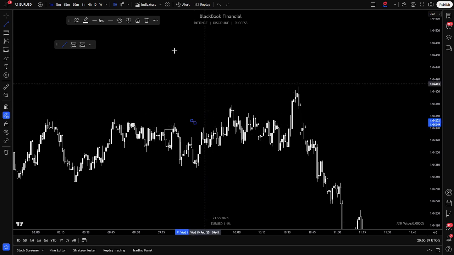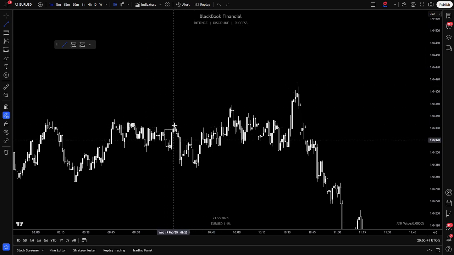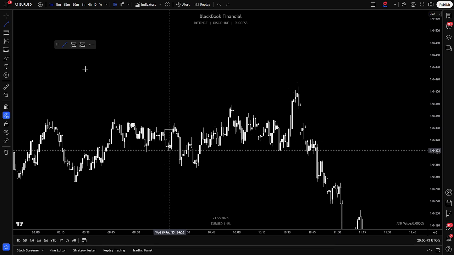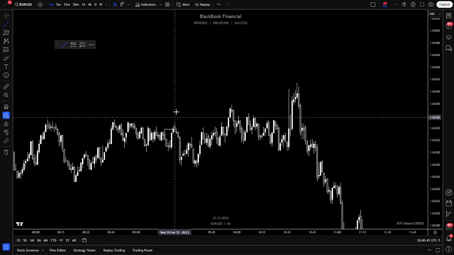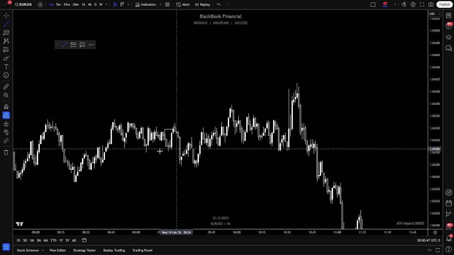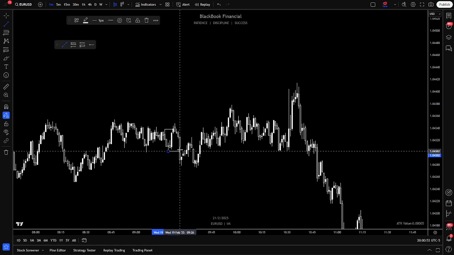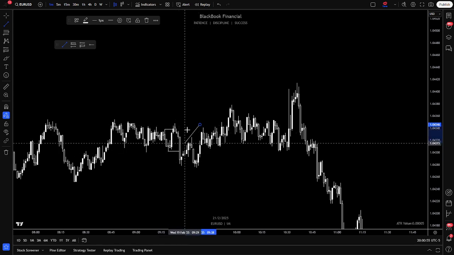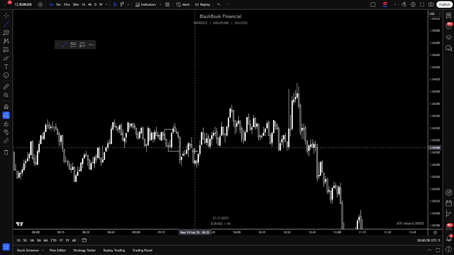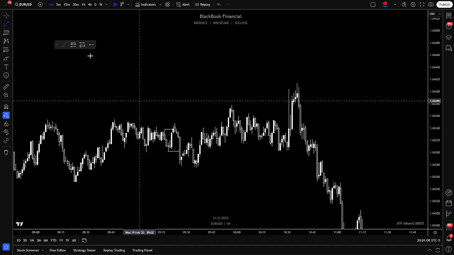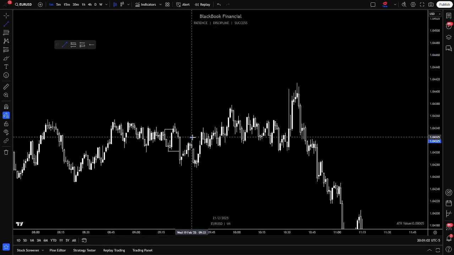That swing point is valid because of this move higher, and then because traders are now thinking this is an uptrend. These are where the early buyers come in, and they put their stop losses here. Okay, this point gets taken, and then we can see generation and an internal market structure shift.